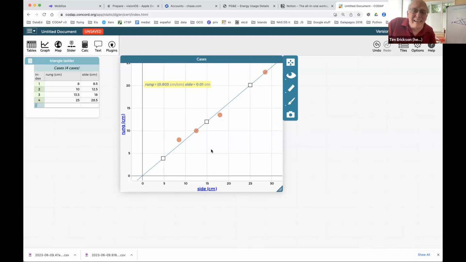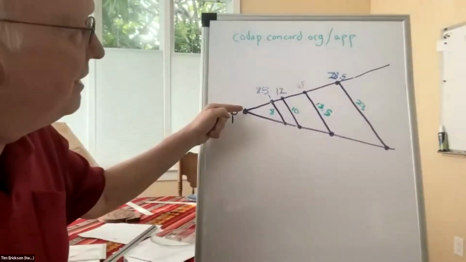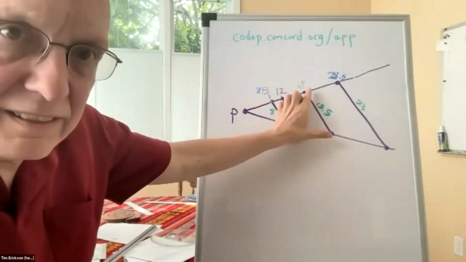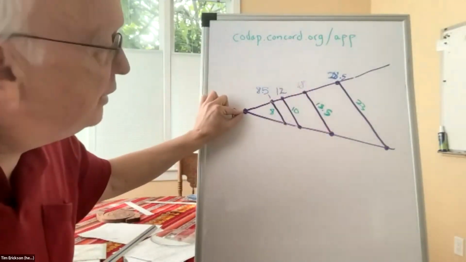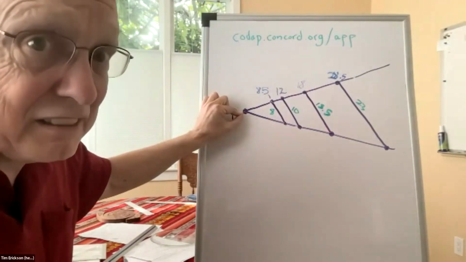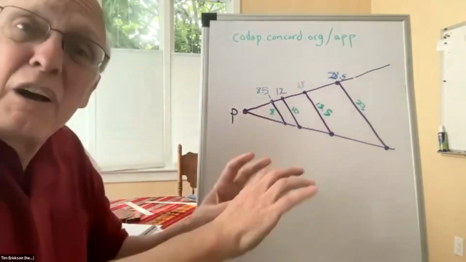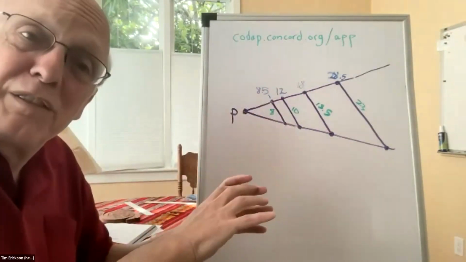I want to keep this picture in your mind, which we could do if we had been in an actual room together, but I'm going to stop sharing and we're going to look back over here and we're saying this distance is directly proportional to that distance. And the fact that the line goes through 0 makes perfect sense geometrically.